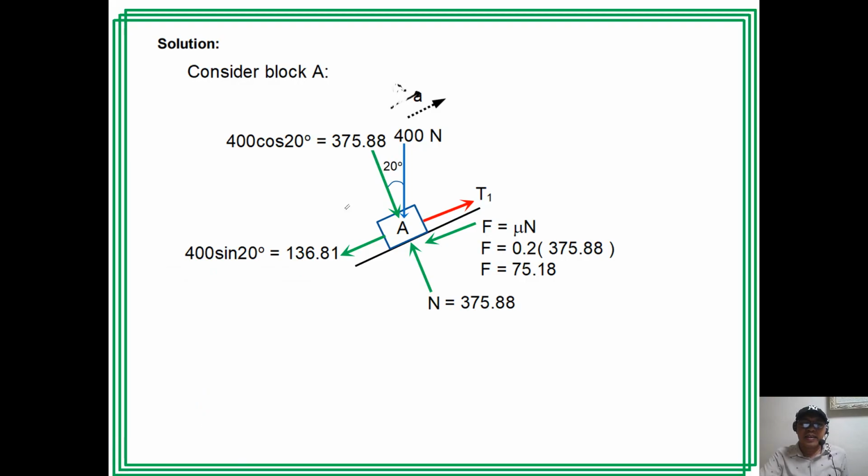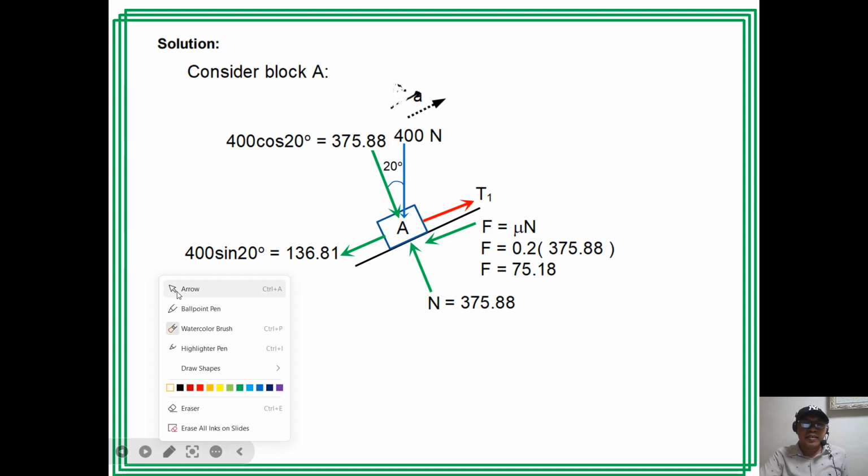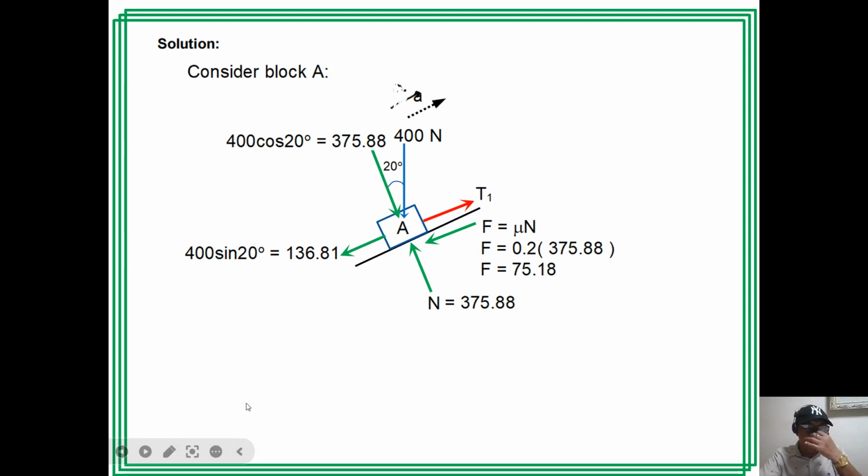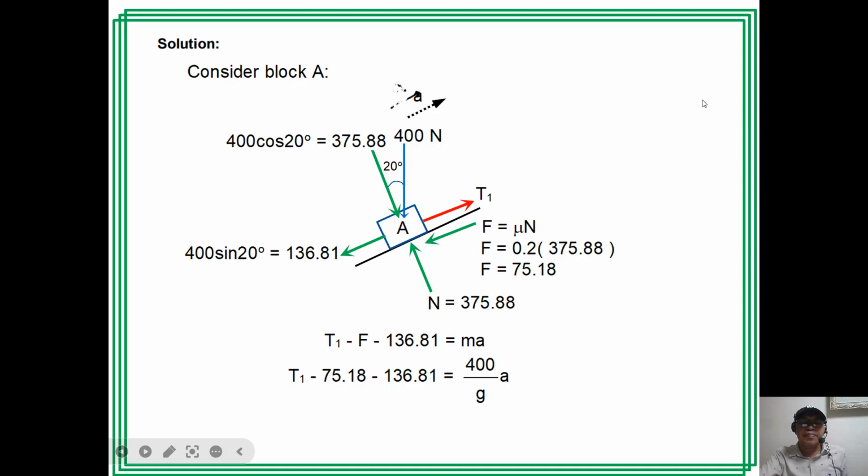Okay. So, as you notice, the net force is the difference T1 minus F minus 136.81. And that is equal to the mass of A times the acceleration. So we can sum this up, then 400 over G for the mass. Call this equation 1.